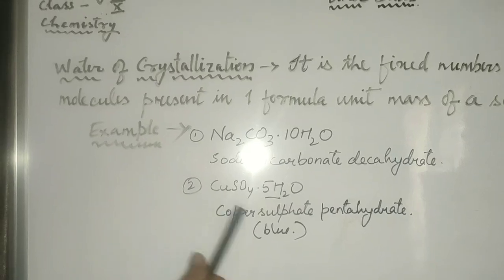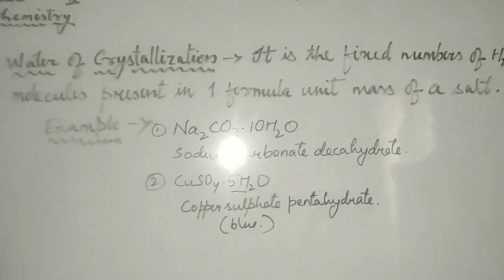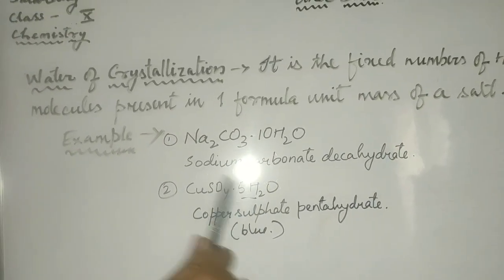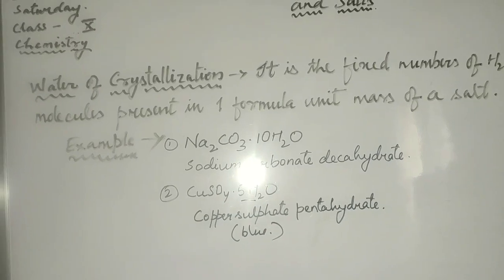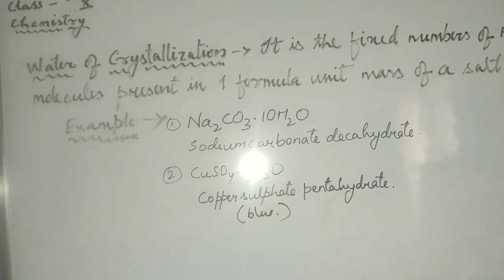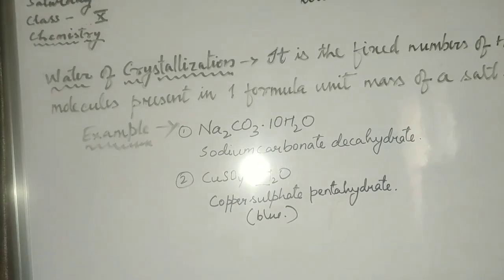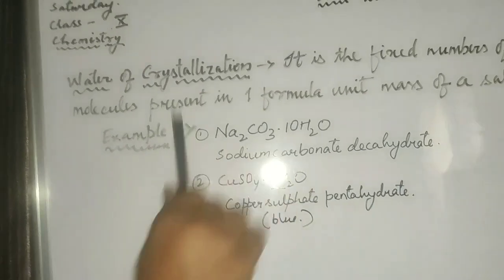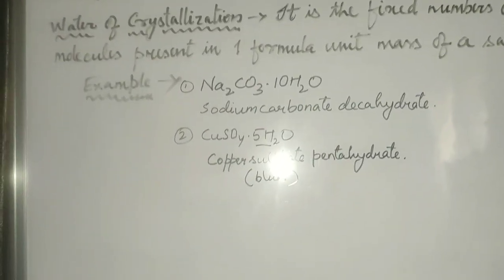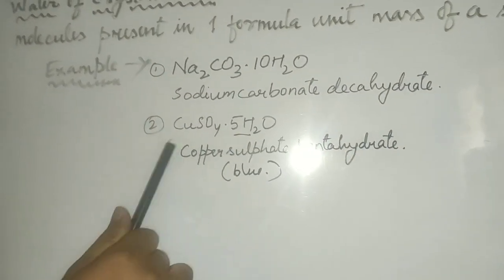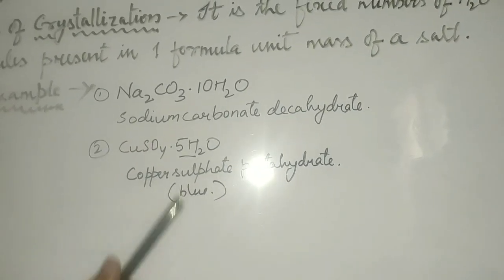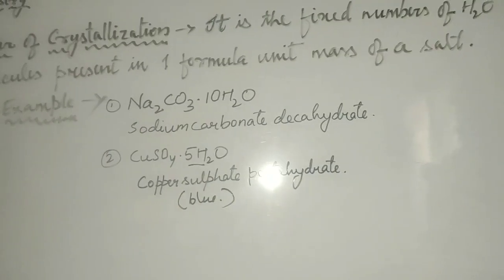If this copper sulfate pentahydrate is dry heated, the salt will lose its water molecules, due to which the color of this blue solid will turn to white. This blue color can be obtained again by adding a few drops of water. This signifies that the color of copper sulfate pentahydrate is blue due to the presence of 5 water molecules.